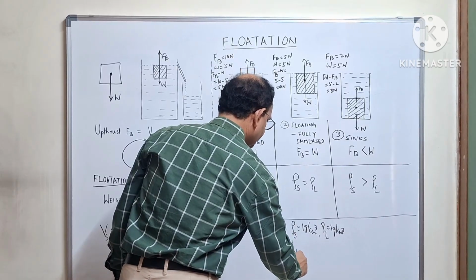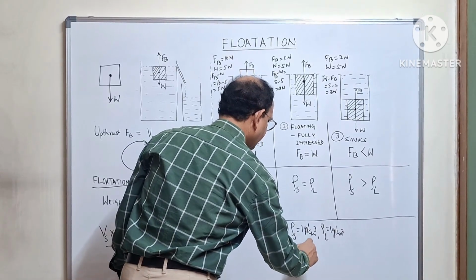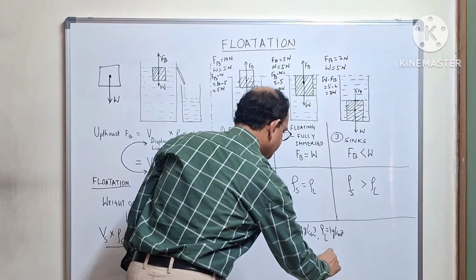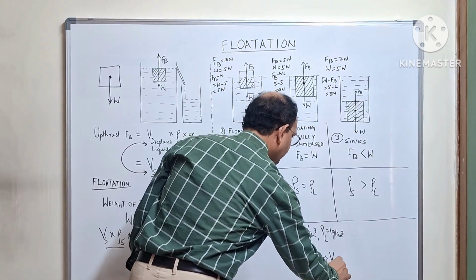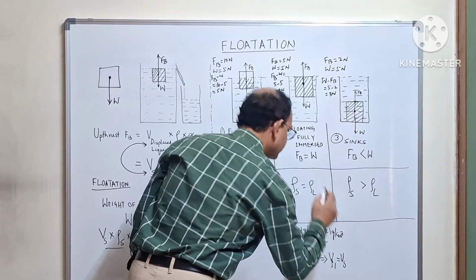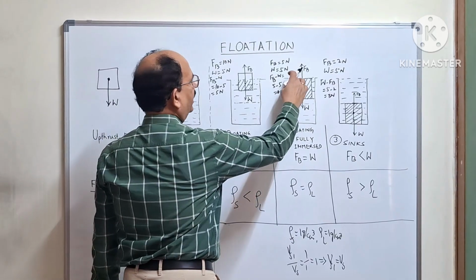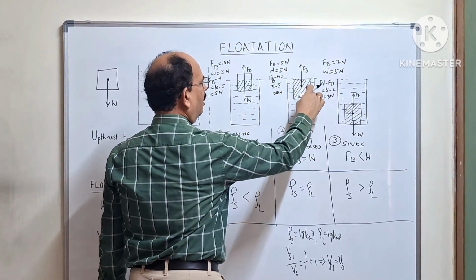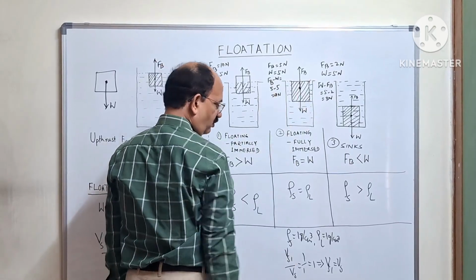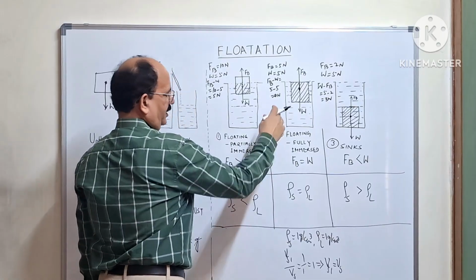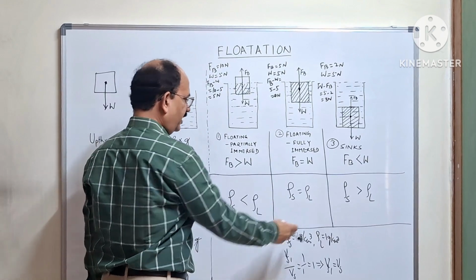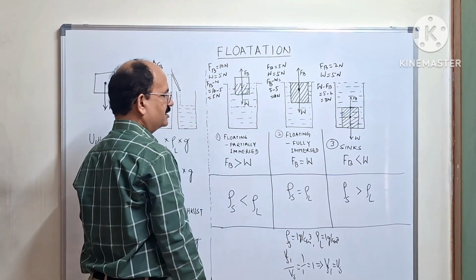Volume of solid immersed divided by volume of solid will be equal to 1 upon 1, which is equal to 1, and which leads to volume of solid immersed being exactly equal to the volume of the solid. It means that the entire object will be inside the water. So this is that scenario where the density of the liquid is equal to the density of the solid.